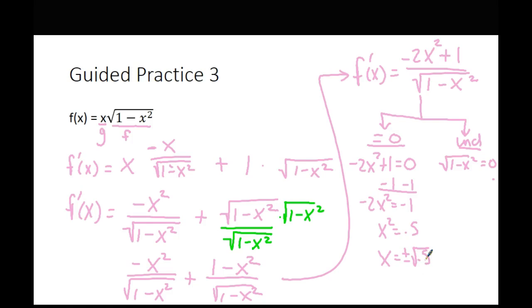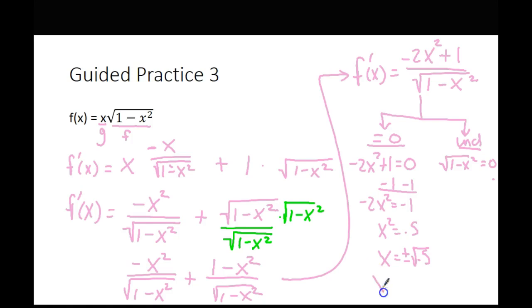And I'm just going to go ahead and do decimals here. I mean, we could have written this as 1/2, but I'm just going to stick with decimals, if you don't mind. Let me take the square root of 0.5 real quick. 0.707.